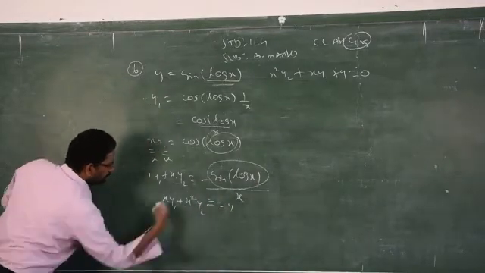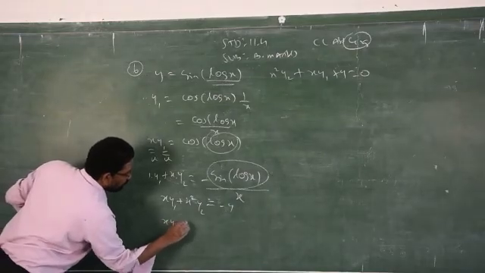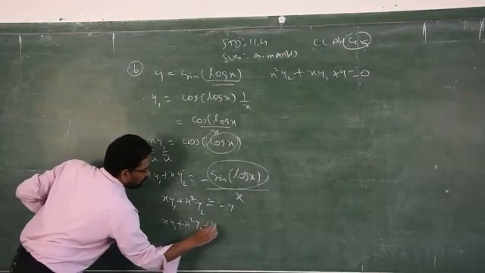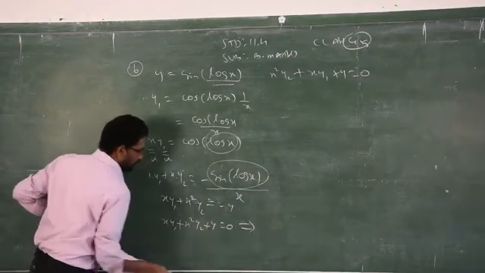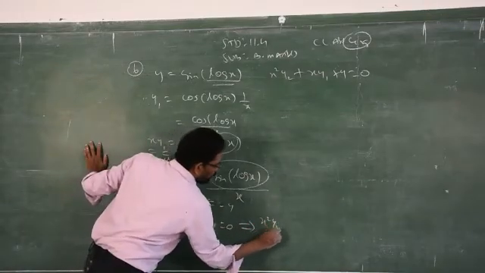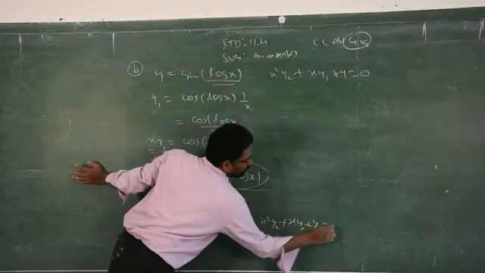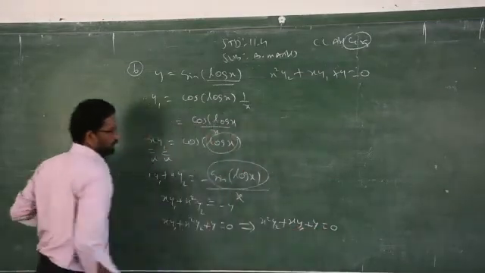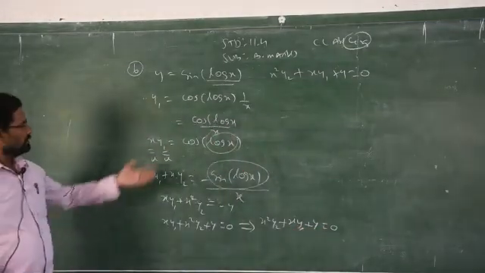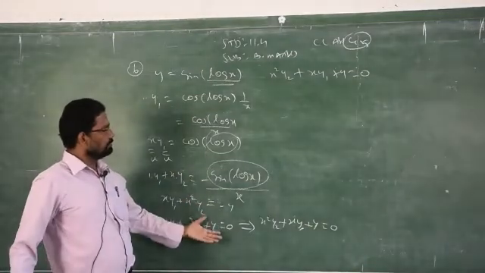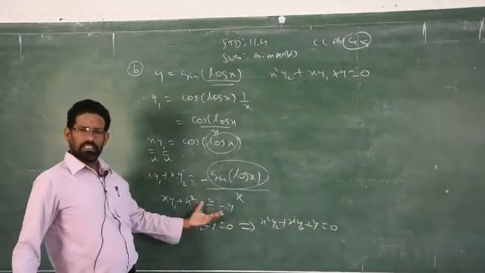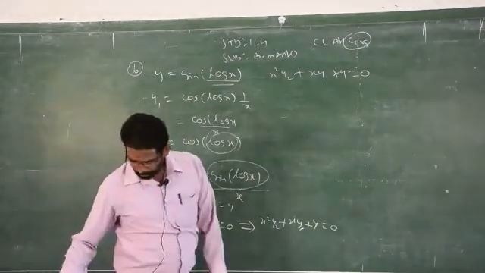Take minus y to the left side: x y1 plus x square y2 plus y is equal to 0. You can rewrite it as x square y2 plus x y1 plus y is equal to 0. Clear? That's the whole answer. Just go for the normal derivatives and use the given expression at some stage, and you will get the answer.